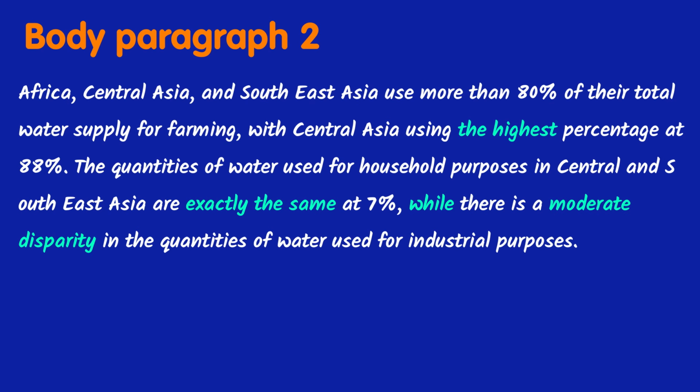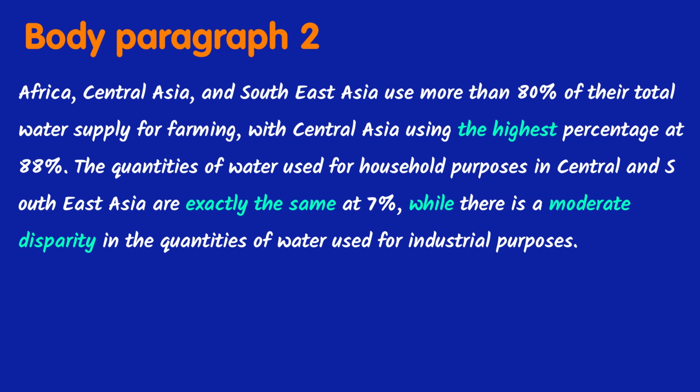So this moderate disparity is, again, comparison. And by writing this, I say that when I say moderate disparity, it means that there is noticeable, let's say, difference, but not extreme difference between the percentages in these charts, right?